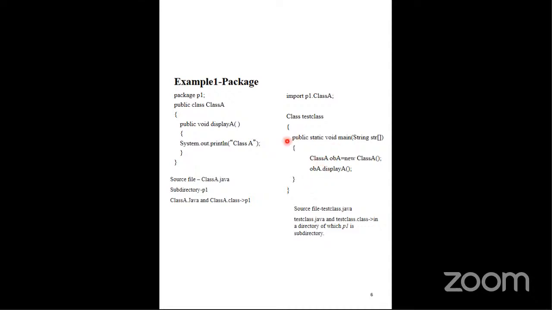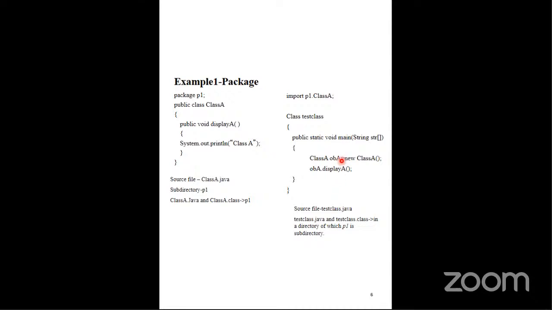Okay, now this Java file, let me call this file testclass.java, and its corresponding .class file will be in the directory of which P1 is the subdirectory. Let's say your current working directory is my directory. I repeat, your current working directory is my directory.